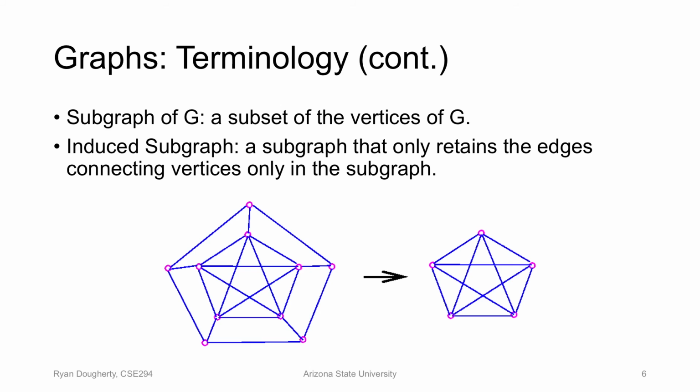Just as an example, I have a graph on the left-hand side, and for a subgraph I want to take out the middle 5 vertices. But I also only want the edges that still exist within the remaining vertices, after I take out the inner 5 vertices. So that's an induced subgraph.